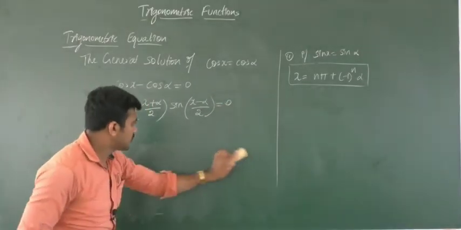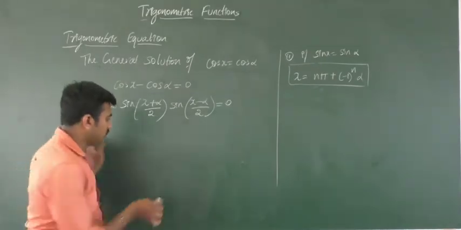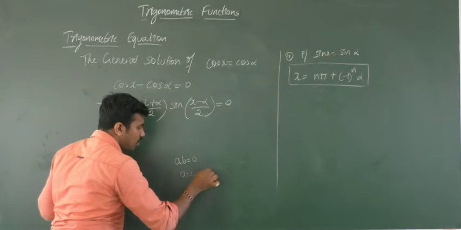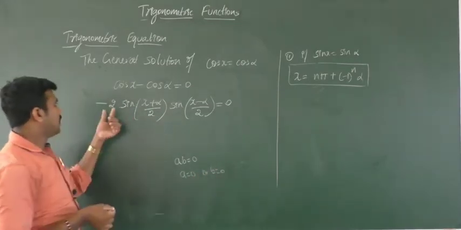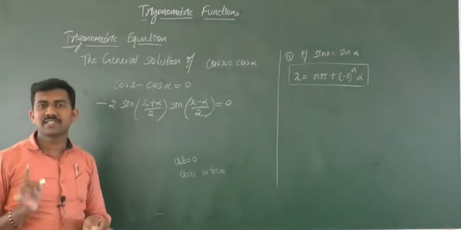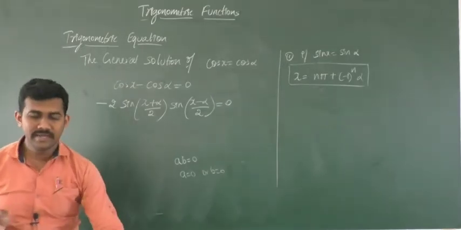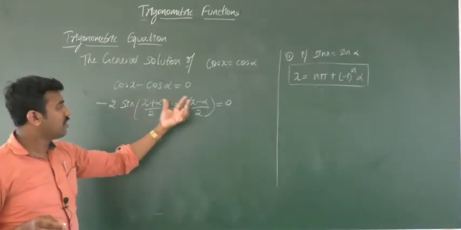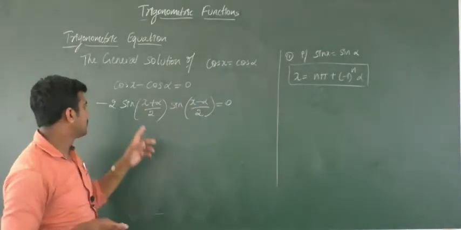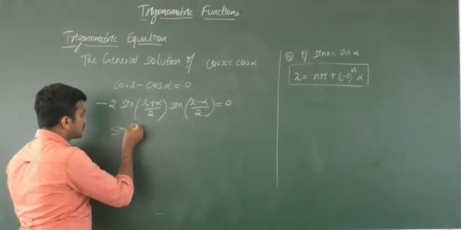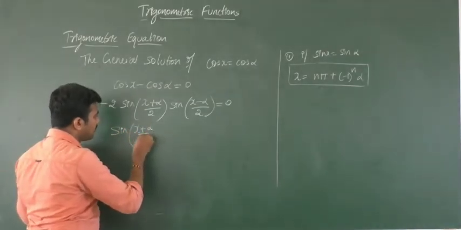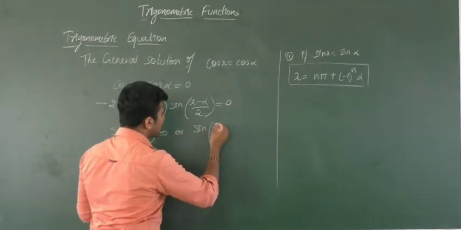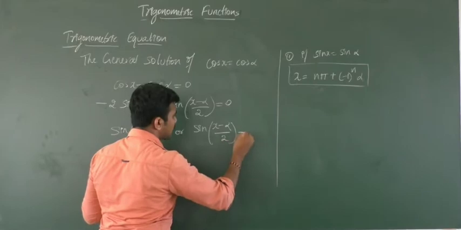Now, same as the previous method, if a into b is equal to 0, either a is equal to 0 or b is equal to 0. Here minus 2 cannot be 0 because minus 2 is a non-zero number. But this factor may be equal to 0 or that factor may be equal to 0. So either we get sin((x plus alpha)/2) is equal to 0 or sin((x minus alpha)/2) is equal to 0.